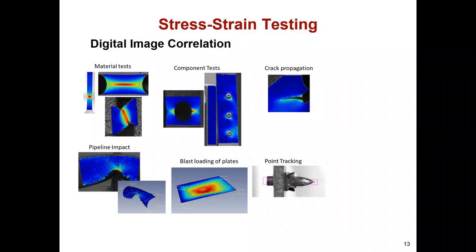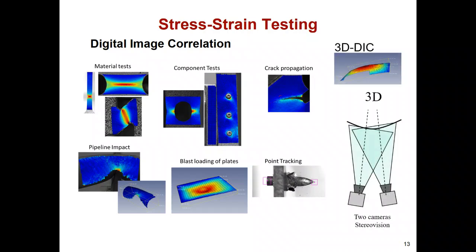In other words, when we attach a solid material to some system, you can also directly check the strain field, for example at crack edges, parts already attached by screws, or pipeline impacts. These days, due to the development of camera techniques, we can also check the three-dimensional displacement field like this.